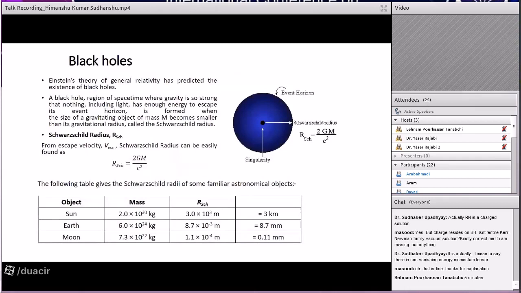Einstein's theory of general relativity has predicted the existence of black holes. So what is a black hole? A black hole is a region of space-time where gravity is so strong that nothing, not even light, has enough energy to escape the event horizon of the black hole.